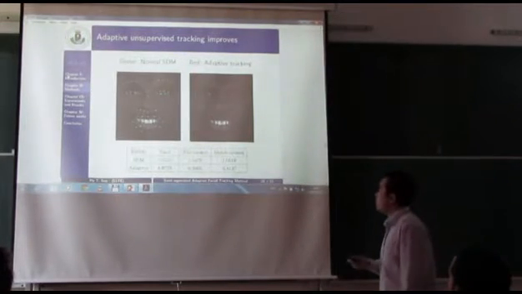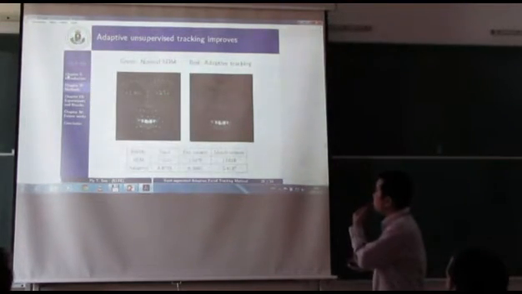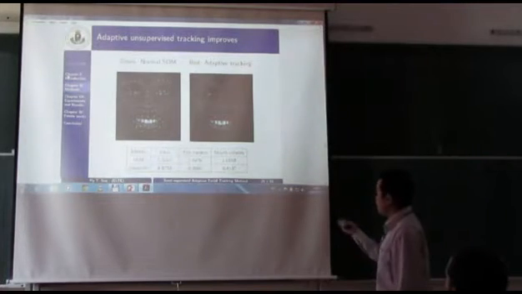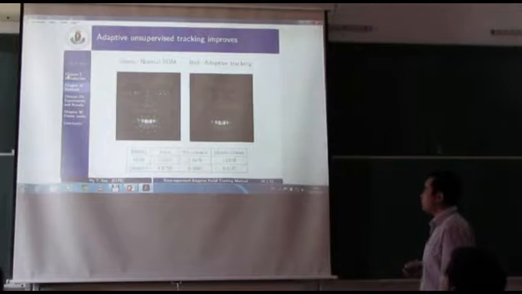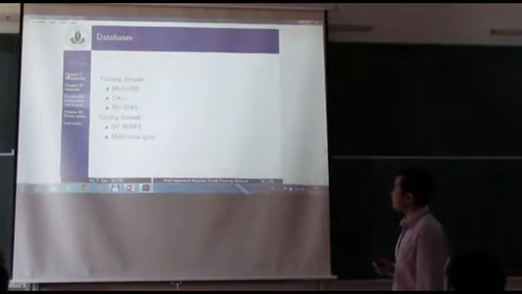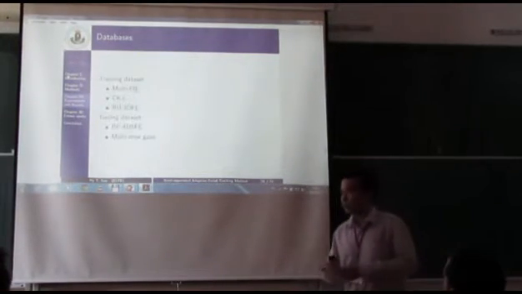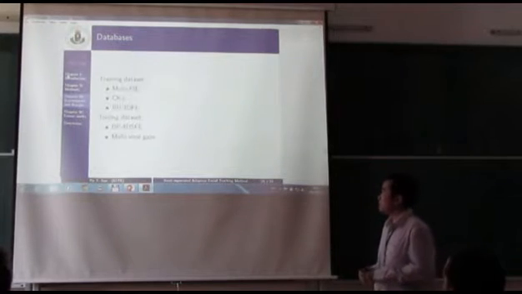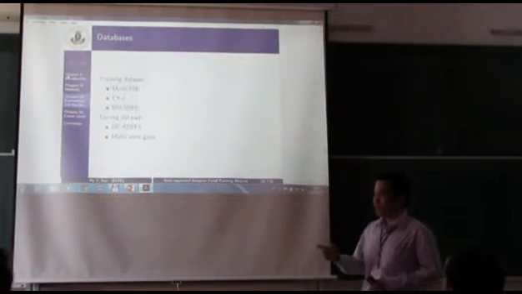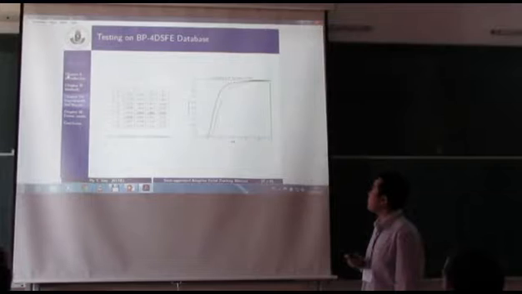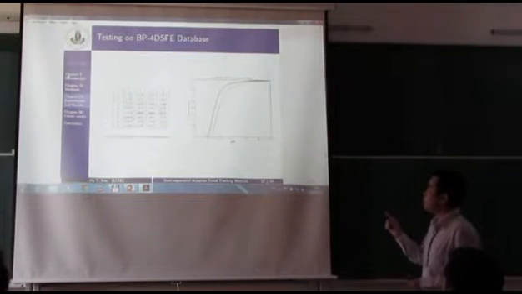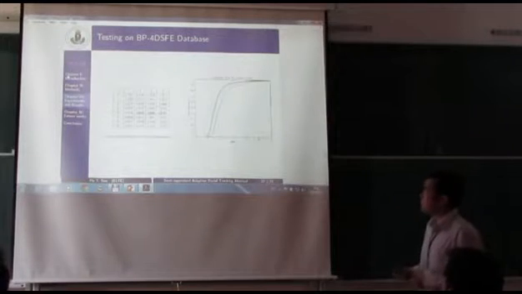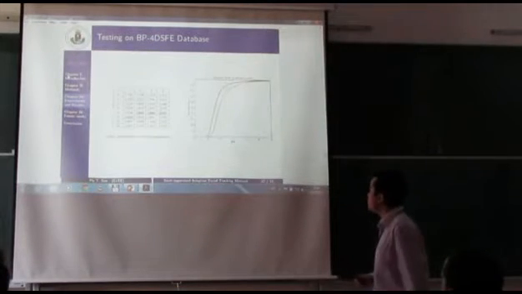And for this man, the mouth corner is corrected, and the whole error is reduced. To test the algorithms, we have 5 different databases, 3 for training and 2 for testing. Testing on the Binghamton-Pittsburgh 4-dimensional spontaneous facial expressions database.